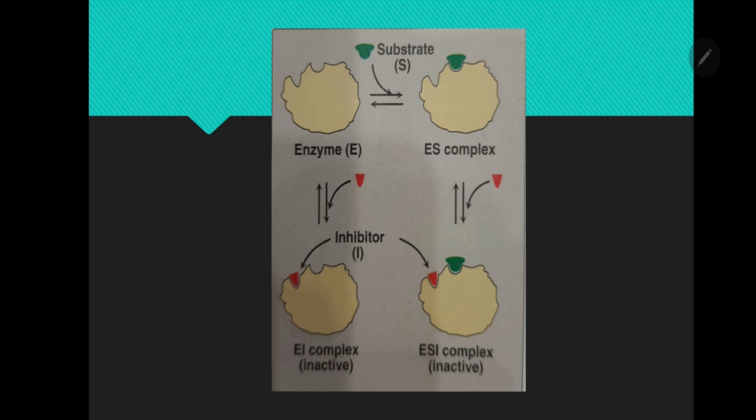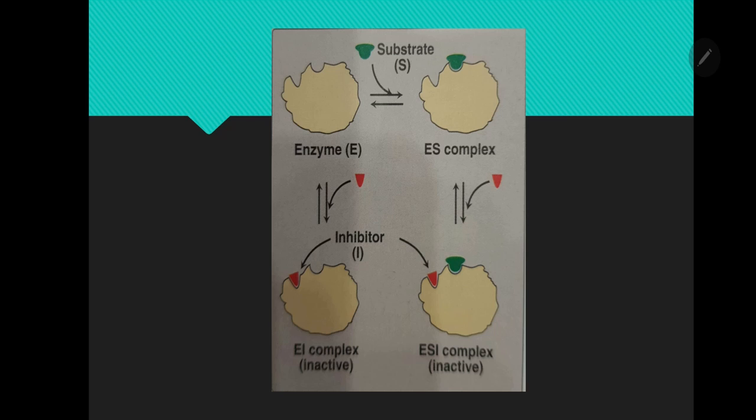Now this diagram shows a non-competitive inhibitor binding to both the free enzyme and the enzyme-substrate complex. The enzyme comes into action with the substrate, forming the ES complex, and then the inhibitor combines with the ES complex, making it inactive.